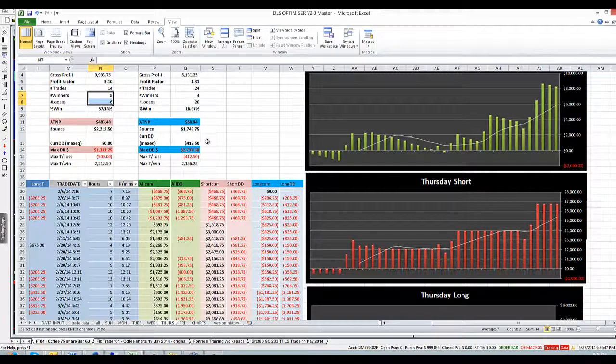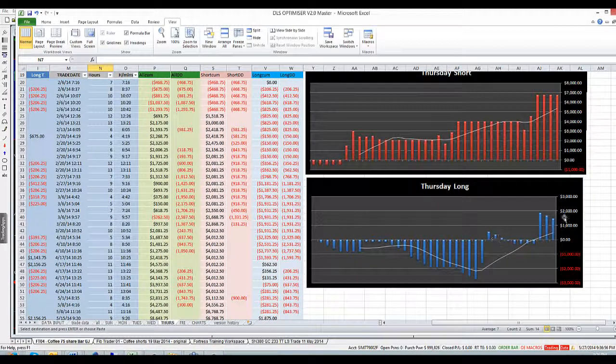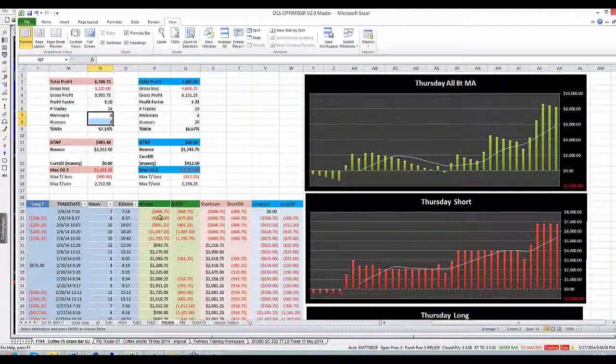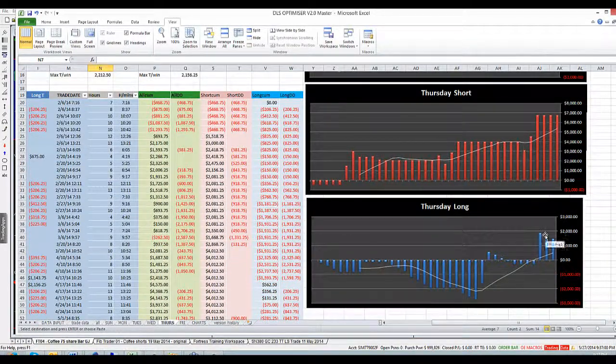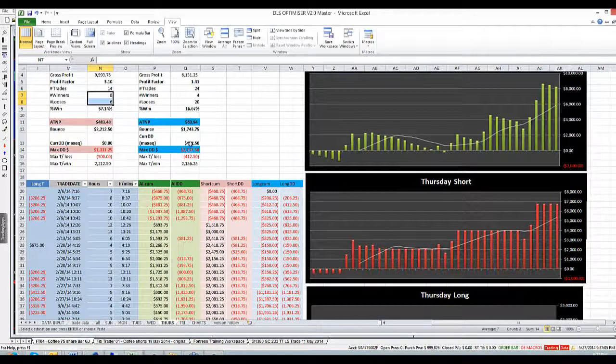It's got a good average trade net profit, and the current drawdown's only 412. So we actually should have the longs on, and they've recovered quite well. We need to turn them on, but we also need to keep an eye on that. So let's turn Thursday longs on.